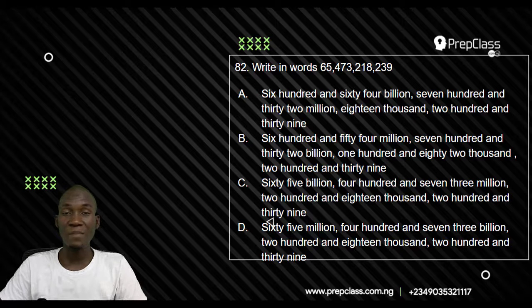C. 65 billion 473 million 218,239. D. 65 million 473 billion 218,239. So we have to convert from figures into words.